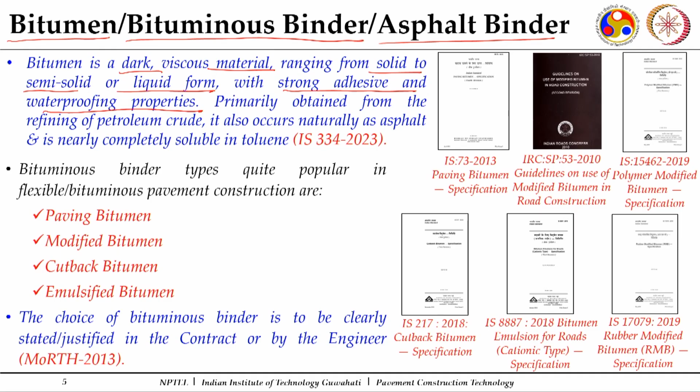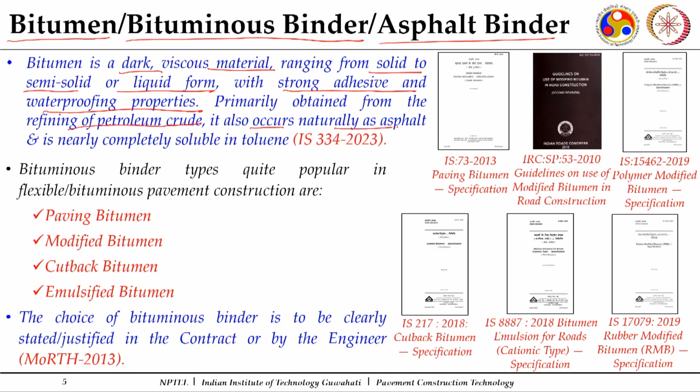And from where do we get this bitumen? We get it from the refining of petroleum crude. This is the major source. When the refining process of petroleum crude started with the growth of automobiles, a lot of bitumen also got produced, and the use of this bitumen, which is derived from the refining of petroleum crude, became very popular.